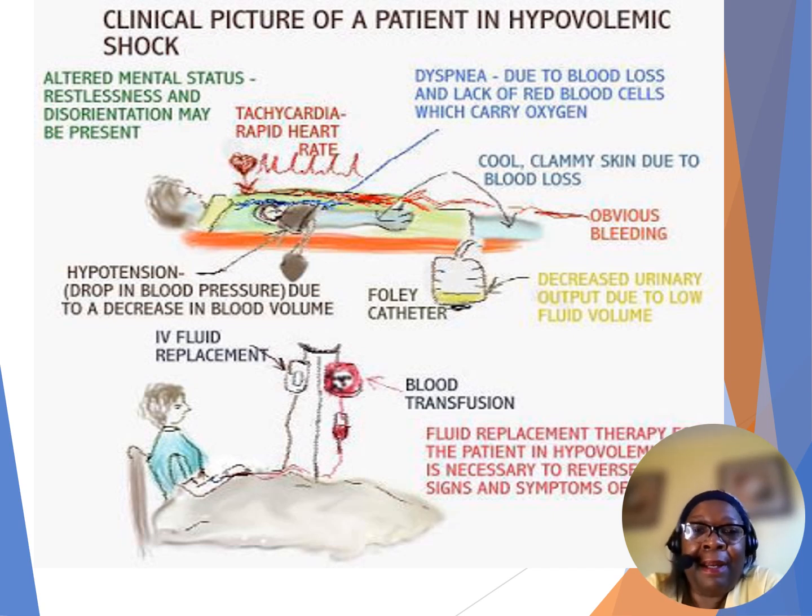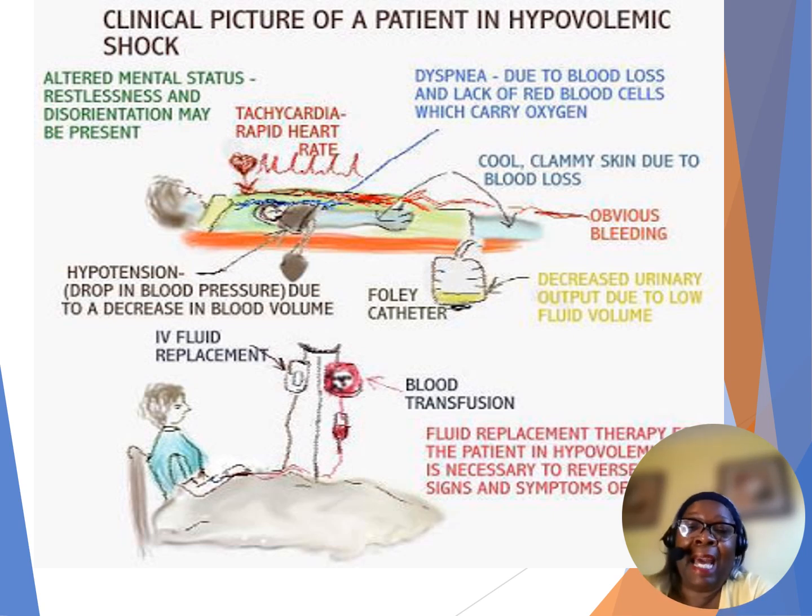Then look at the heartbeat, tachycardia, rapid heartbeat, and dyspnea. They're having difficulty breathing or shortness of breath due to blood loss and the lack of the red blood cells which carry the oxygen. Then we have cool, clammy skin due to the blood loss again.